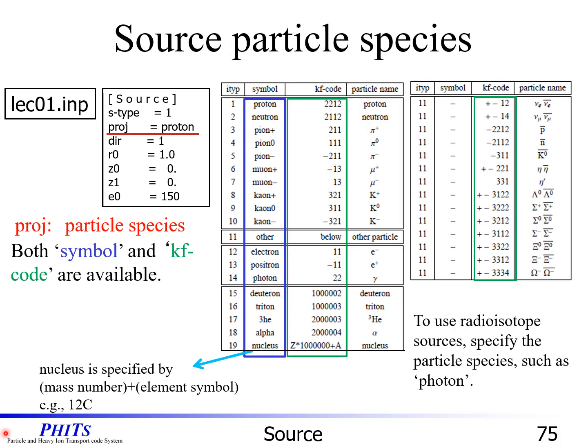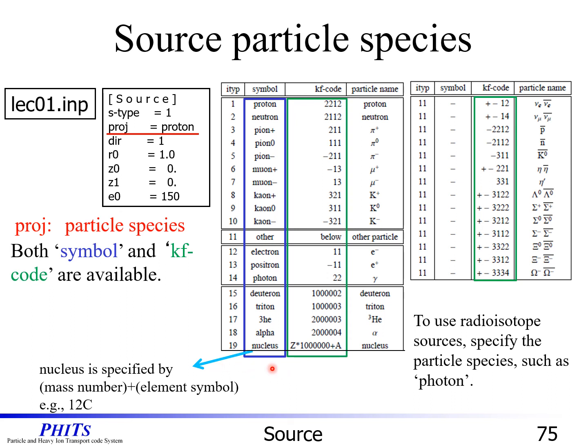The third point is the source particle species. By the projectile parameter, we can define the particle species. We can use a symbol or KF code to define it. This table shows the symbol and KF code for each particle. The symbol format is usually used in the definition.